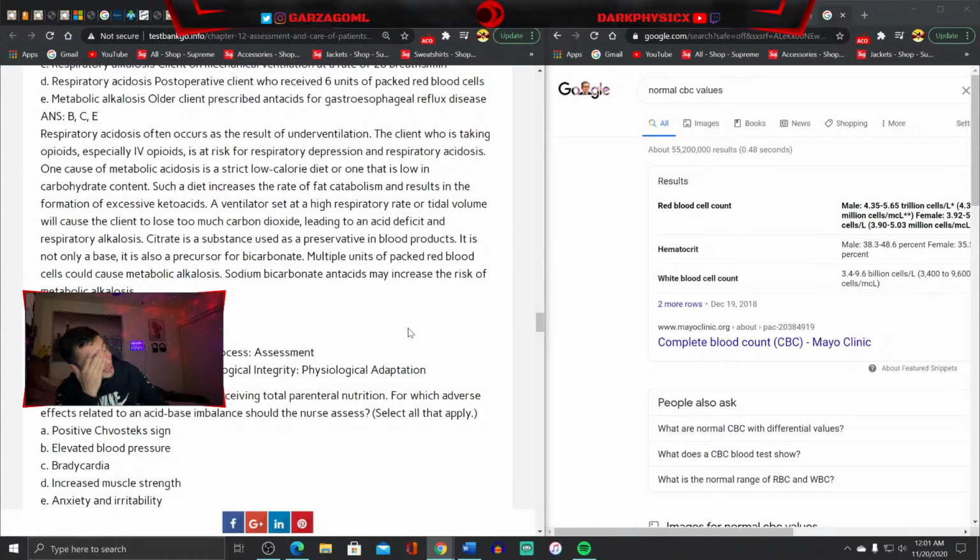I just studied this. Does it cause metabolic alkalosis? I think it does. I'm stuck on this one. It's not going to be anything with respiratory, so... I'm stumped. Hold up.